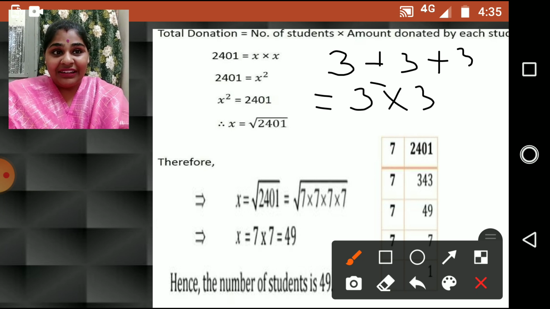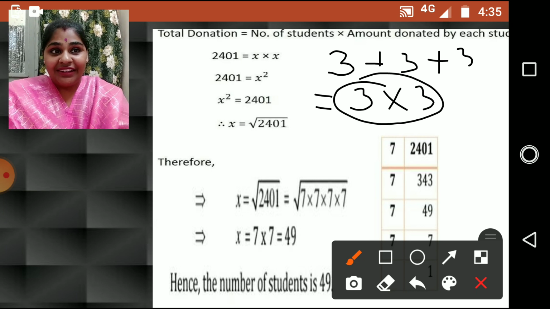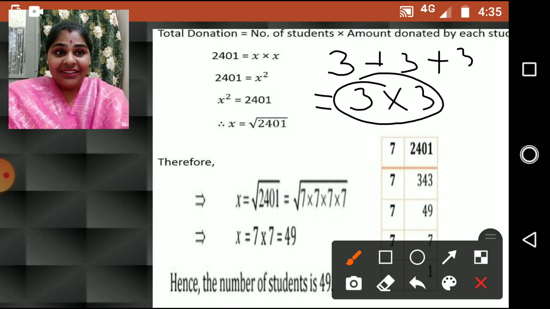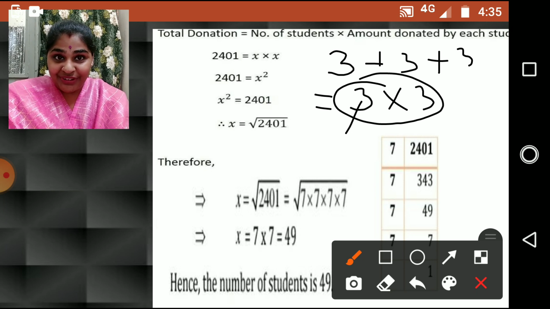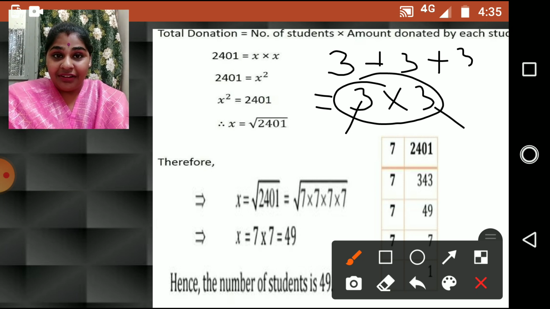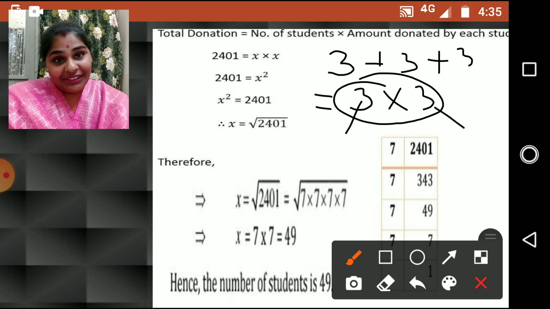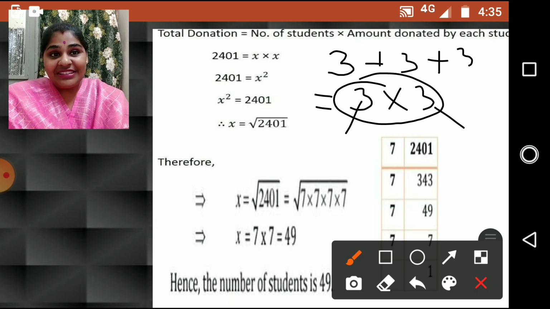So similarly this we have taken as x into x, where 3 was the number of students and 3 was the amount donated by each child. So this was just an example.